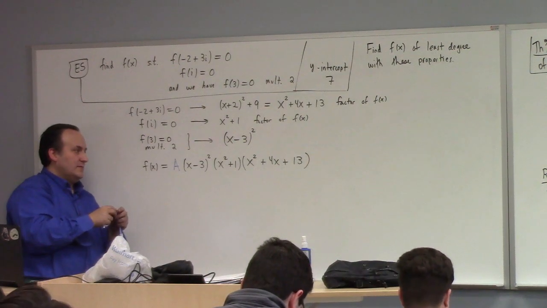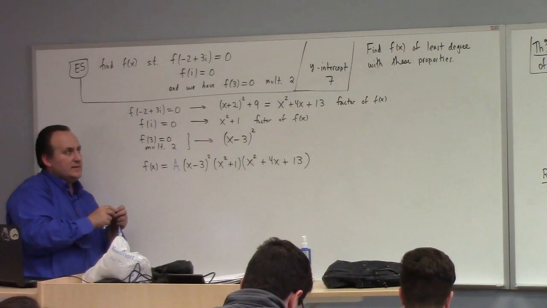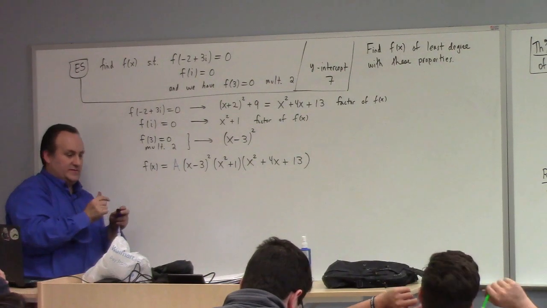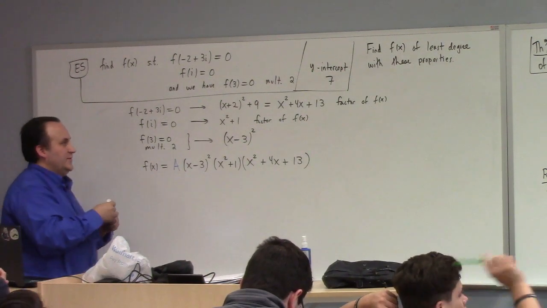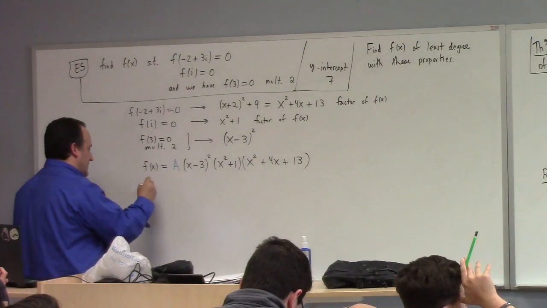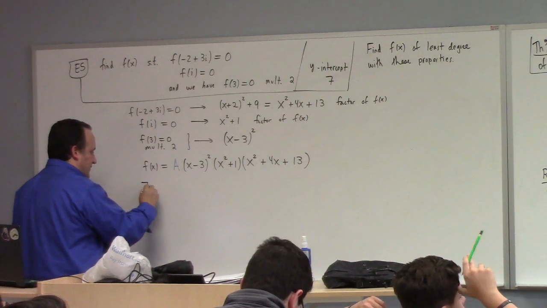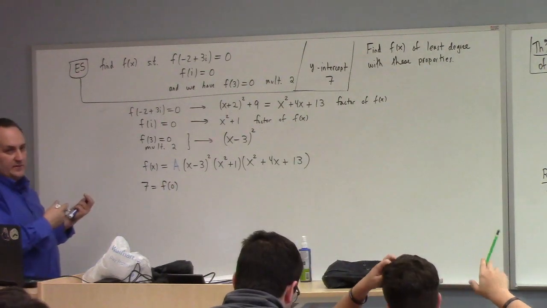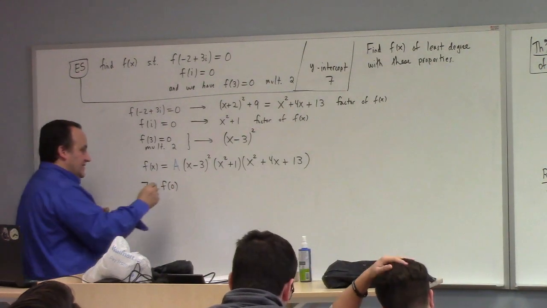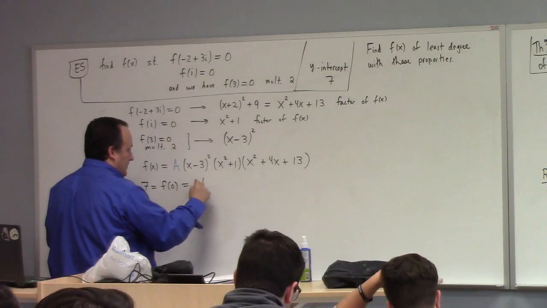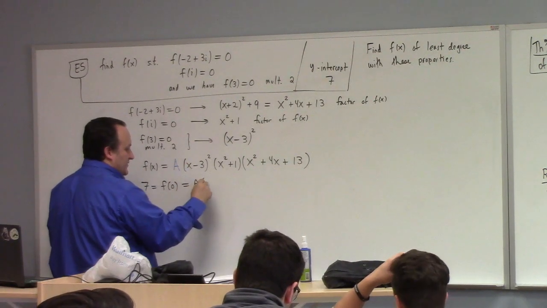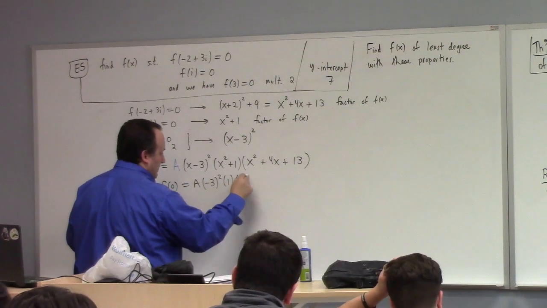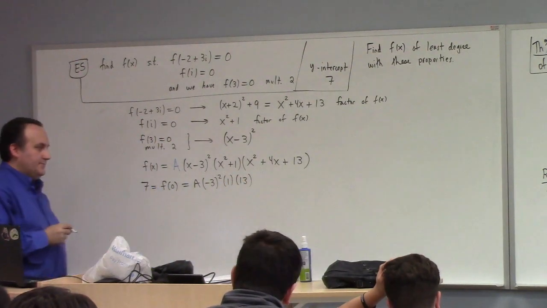Now, what's a? Well, Michael wanted the y-intercept to be 7, right? So how do we figure out what a is? The y-intercept is 7, so 7 is also equal to f of 0, that's where x equals 0. And so that's equal to a times, I put in 0, I get minus 3 squared times 1 times 13.